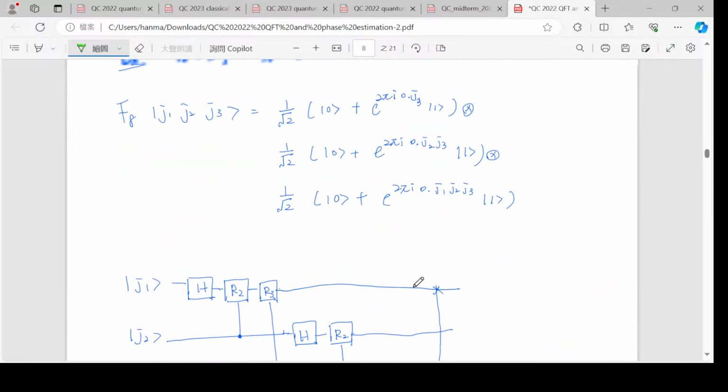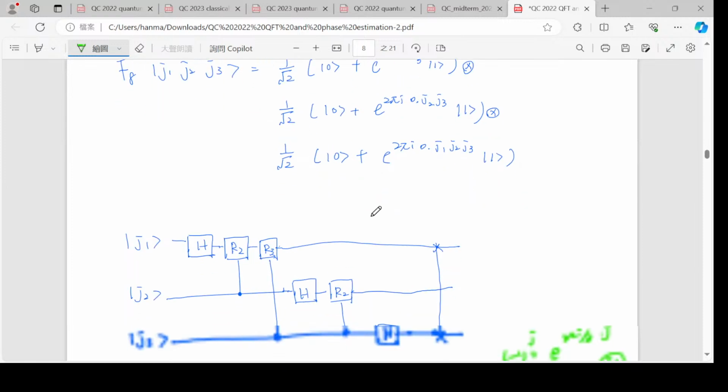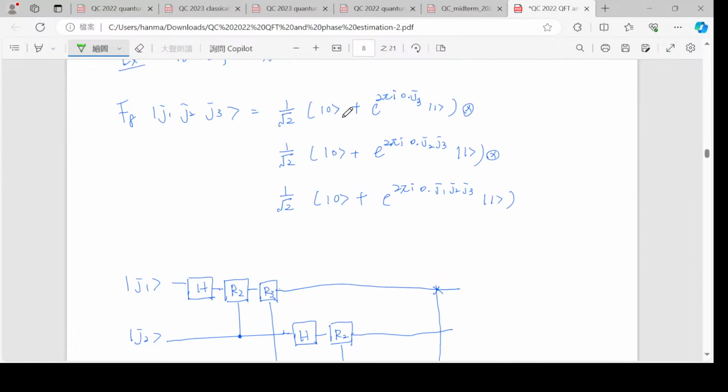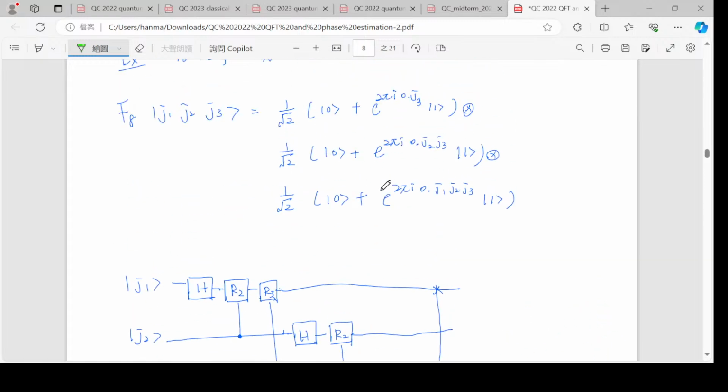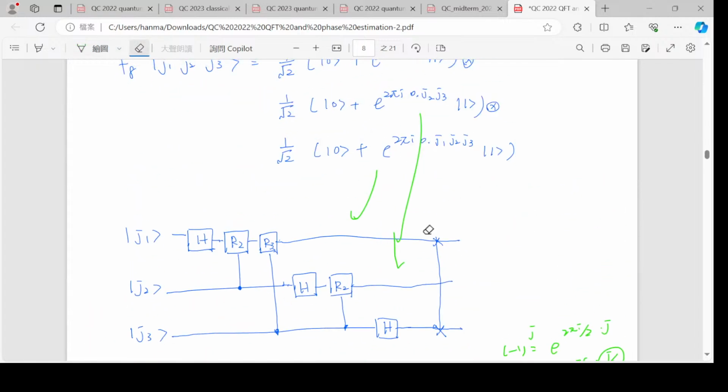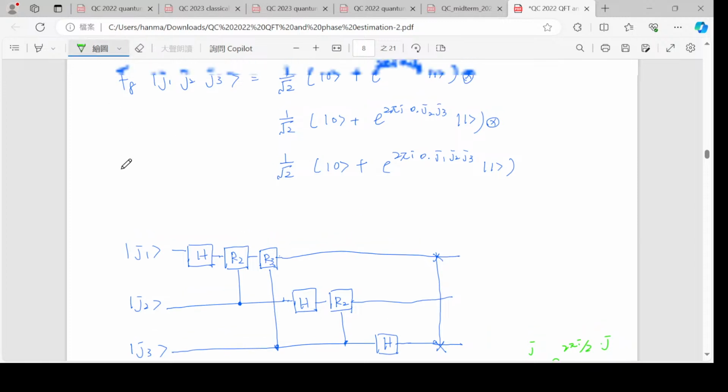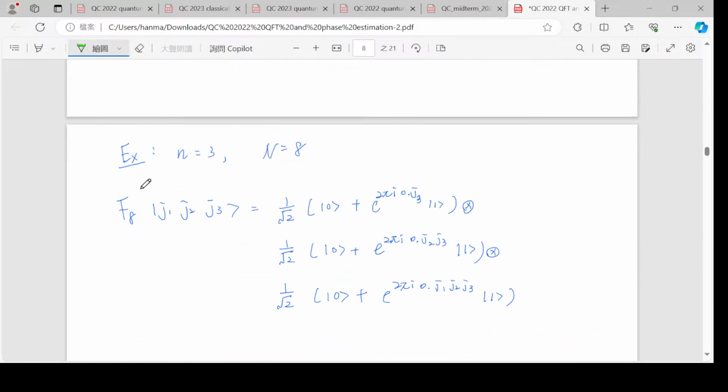And as we said, that's a reverse order of those 3 qubits, because we want this order as this. So we want this order, but actually we have this first, and this second, and this last. And so we reverse the ordering by doing the swap gate here. So that's an example of n equals 3.